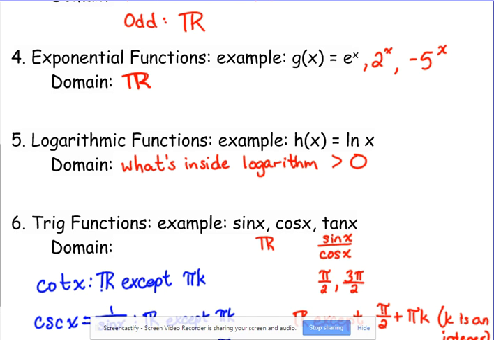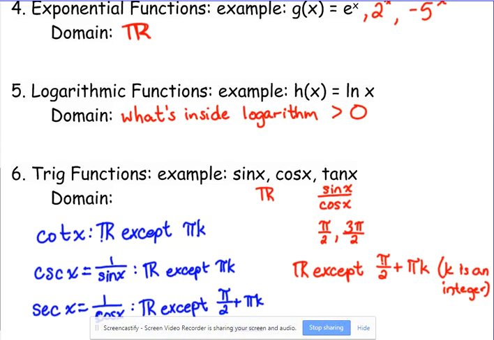So x has to be greater than 0 in this case. If it's x squared, you're good to go. x squared is always greater than 0, because any number squared is a positive number. Positive numbers are bigger than 0. So where you're continuous will fluctuate some with logarithmic functions. But where what's inside the logarithm is greater than 0 is your domain, and you're continuous everywhere on your domain.